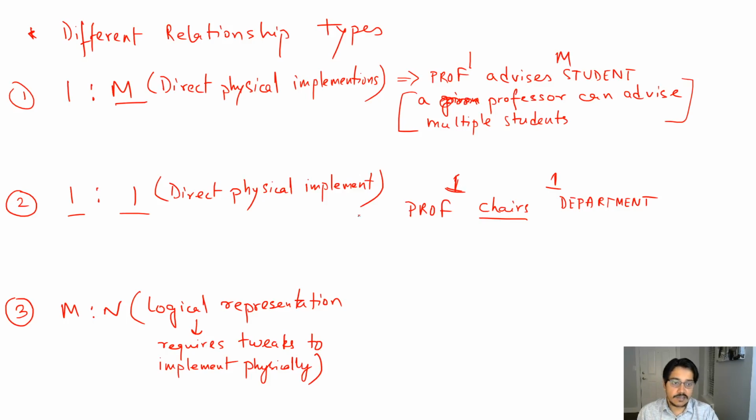Alternatively, this is not with respect to 1:1, this is just to show that there can be multiple different types of relationship between two entities. So what we're trying to say here is two entities can have different contexts of interaction.